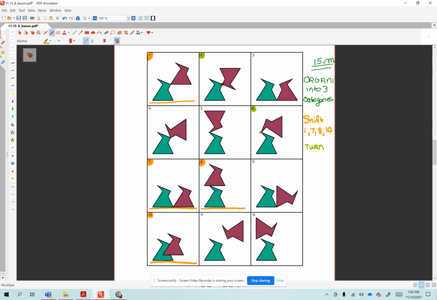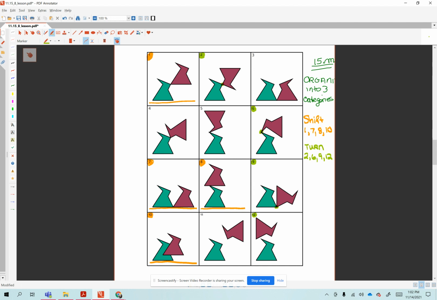Perhaps if this were a little more carefully drawn, it could be. Number 9, we also have a turn. And number 12, a little harder to see, but it's still a turn. So it looks like 2, 6, 9, and 12.